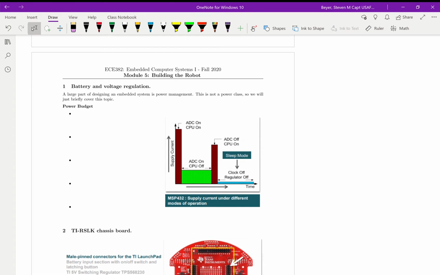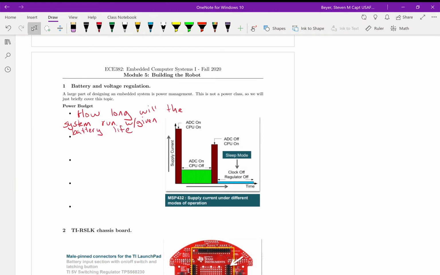So looking at the power budget, really the goal is to figure out how long the system will run with the given battery life. Additionally, we need to ensure that each system, so all these different components, are getting the voltage that they need.